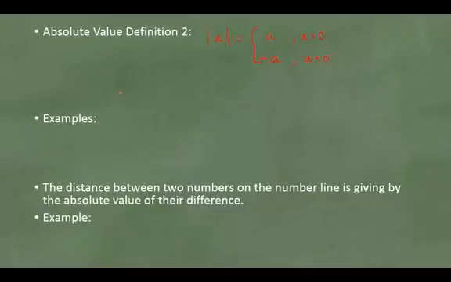So the absolute value of 7. According to this definition, 7 is greater than 0. 7 is bigger than 0. So the absolute value of 7 is just 7. What about the absolute value of negative 8?